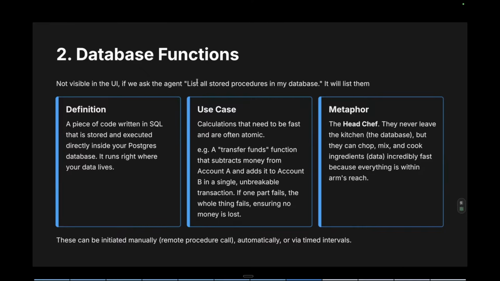For example, say you want to transfer funds from account A to account B within the database, or say you're counting how many times your user performs a certain action, and every time they do that action, it increments the count in the database by 1. This is an example of a database function. A good metaphor is to think of this as a head chef. They never leave the kitchen. They stay inside the database, and they can chop all your data, your ingredients, incredibly fast because it's all within arm's reach.